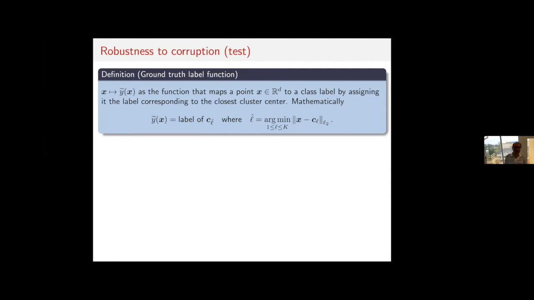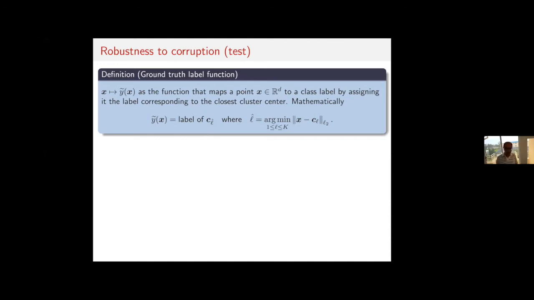This is the perfect, if you had an oracle, this is what you would want to do. You would want to figure out which cluster it is in, at least in a MAP setting, which cluster you're closest to, and assign that class.